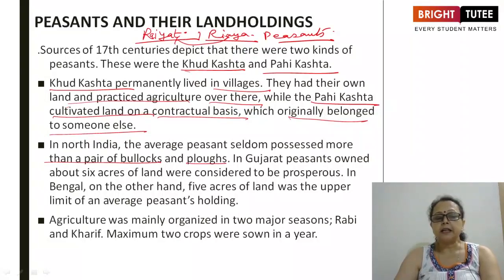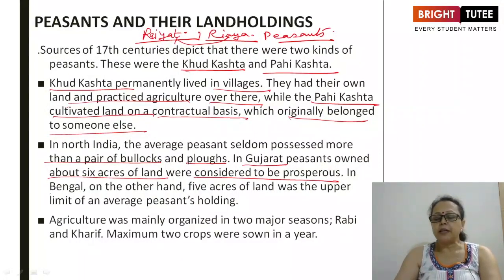In Northern India, the peasants were not very rich. Only a pair of bullocks and a plow was there for cultivation. But when compared to a different region, the example is quoted of Gujarat. The Gujarat peasants owned about 6 acres of land and were considered to be prosperous.